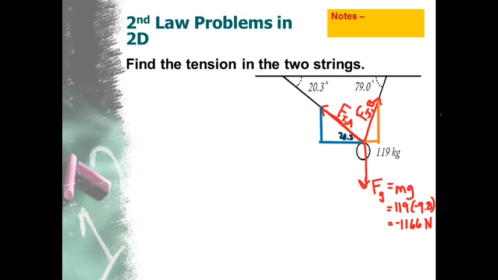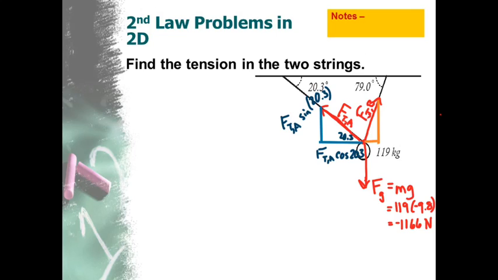All right, so this is going to be F of T comma A times sine of 20.3. This is going to be F of T comma A cosine of 20.3. Boy, that's really small writing there. There we go.